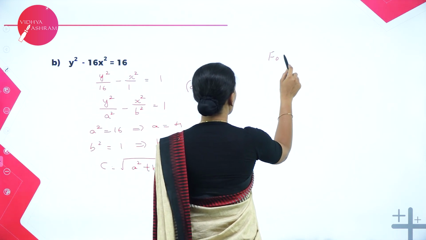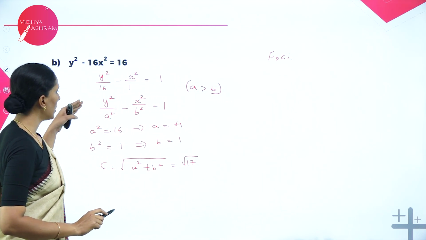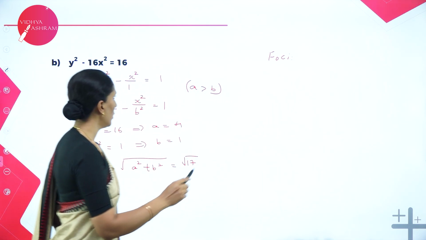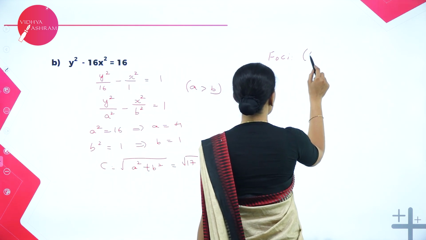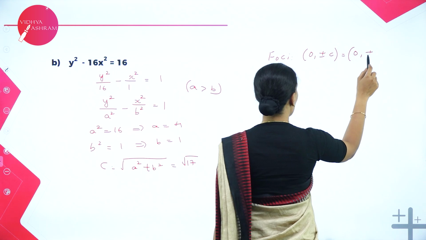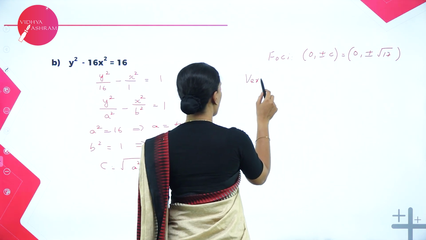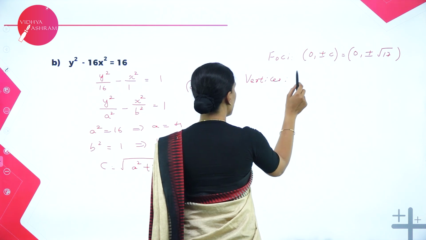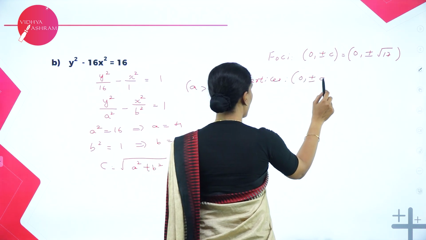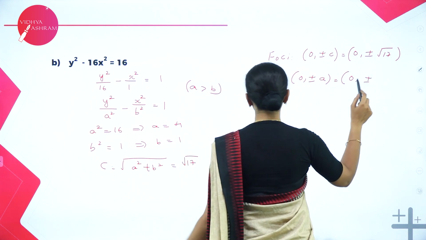Clearly the transverse axis lies along the y-axis. Therefore foci can be taken as 0 comma plus or minus c, so it is 0 comma plus or minus root 17. Next we have vertices, which is 0 comma plus or minus a, which implies 0 comma plus or minus 4.